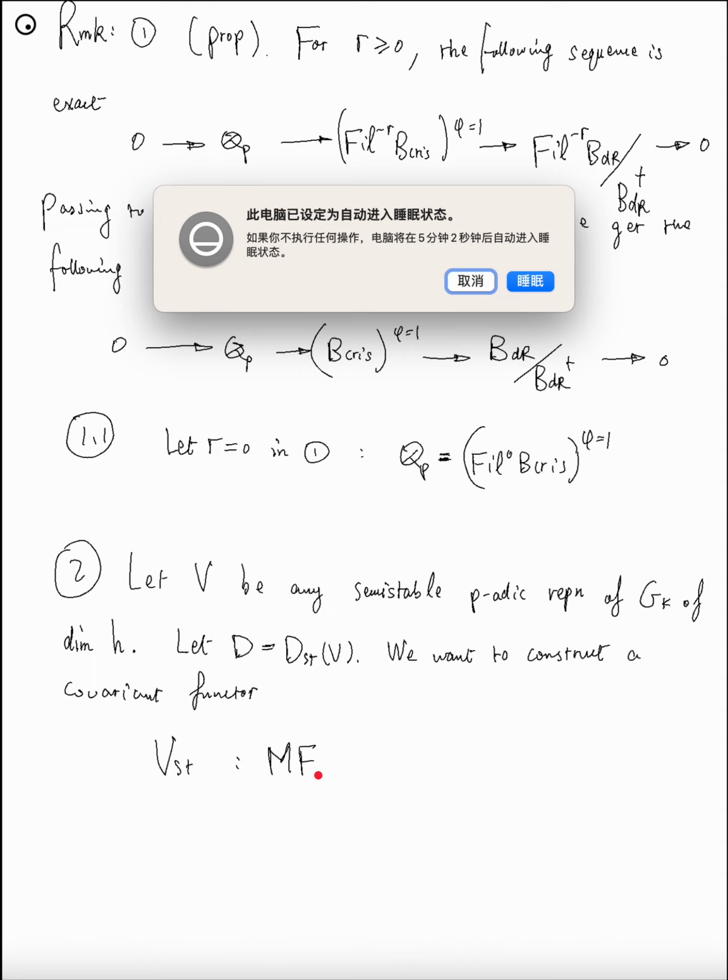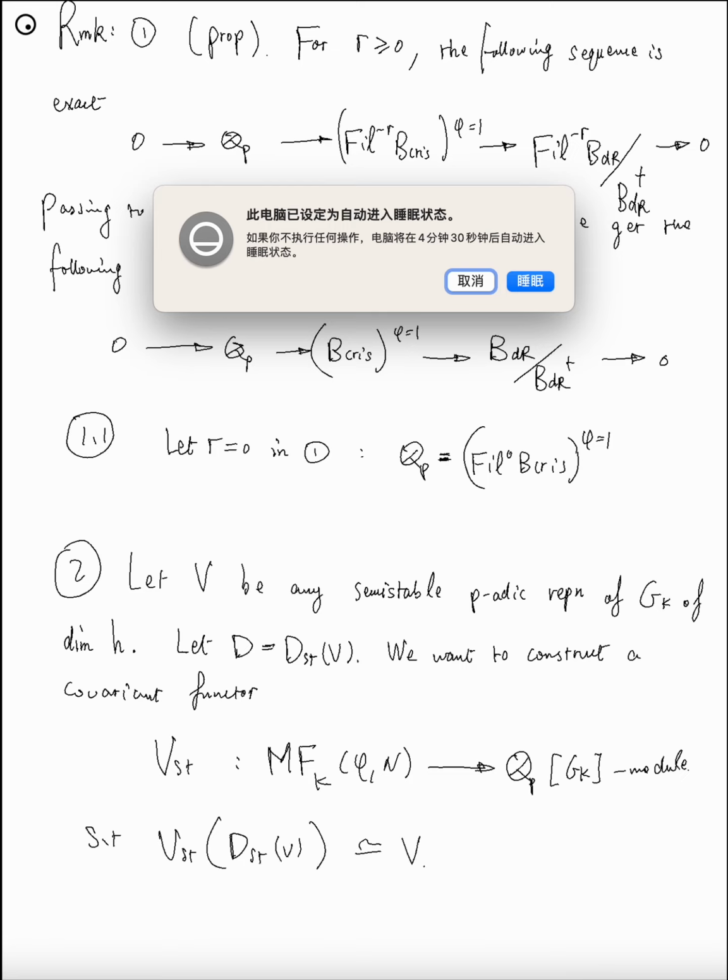So reverse the arrow, right, from the filtered phi modules to semi-stable representations, but let's start with at least the G_K module such that V_st composed with D_st is isomorphic to the identity, right?